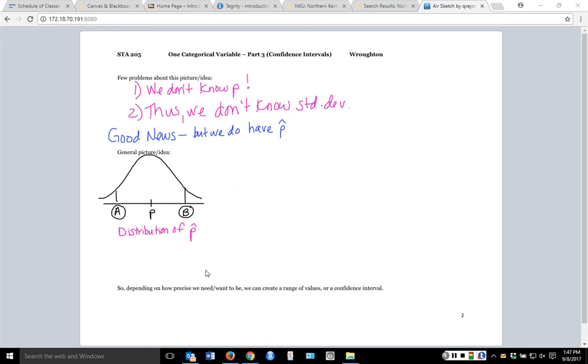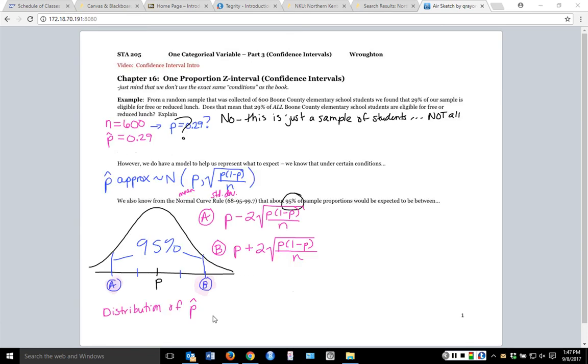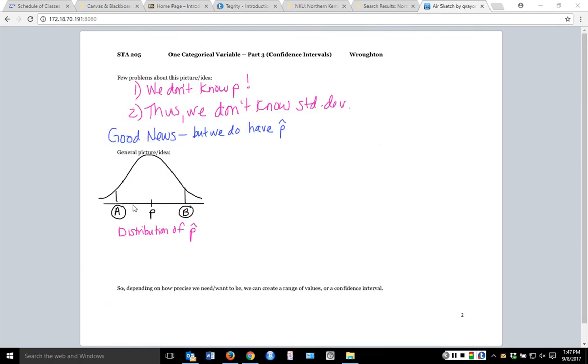So if I want to take my interval that I just created and not use P but use P hat instead, what is that going to mean? Well, P hat is some number that falls along down here at the bottom. Again, I don't know exactly where it falls, but it falls somewhere along the bottom.